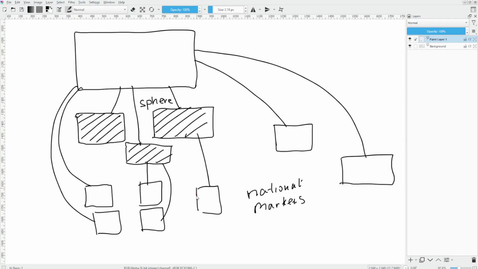And national markets decide production and demand, basically. Production. And they have individual demands.